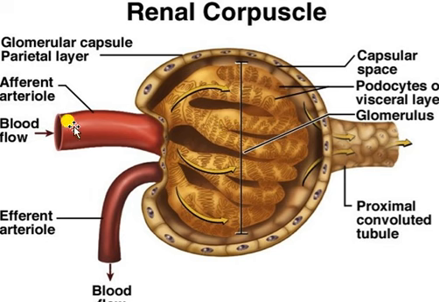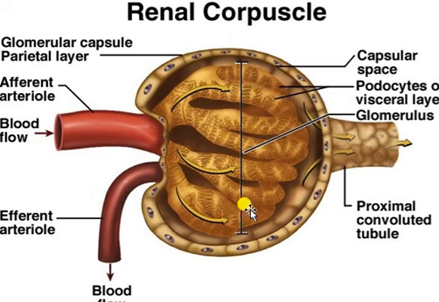This is the afferent arteriole. This afferent arteriole is divided into small capillaries. Here the diameter is very high, and then finally it becomes small.